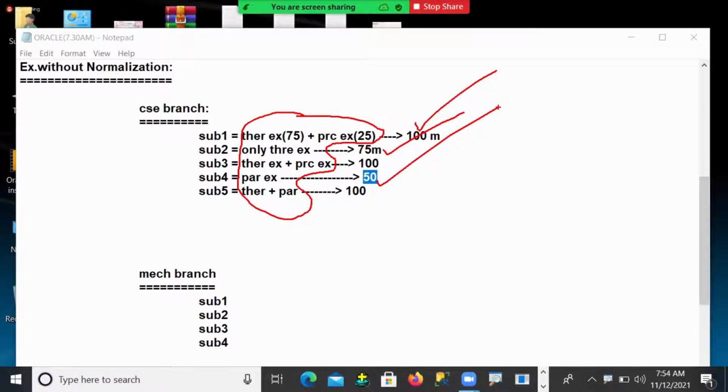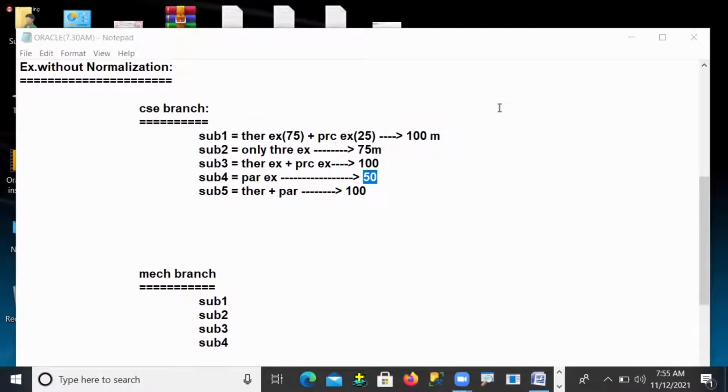Understand my point now? Suppose subject 1 total marks is 100. But how does this 100 come to you? Including the theory examination plus the practical examination. So with the theory plus practical combination, your subject 1 total marks is 100. Understanding now? So your total marks depends on your examination name.